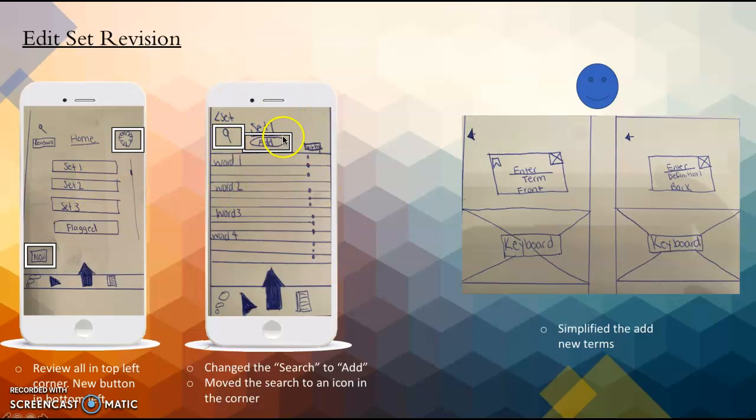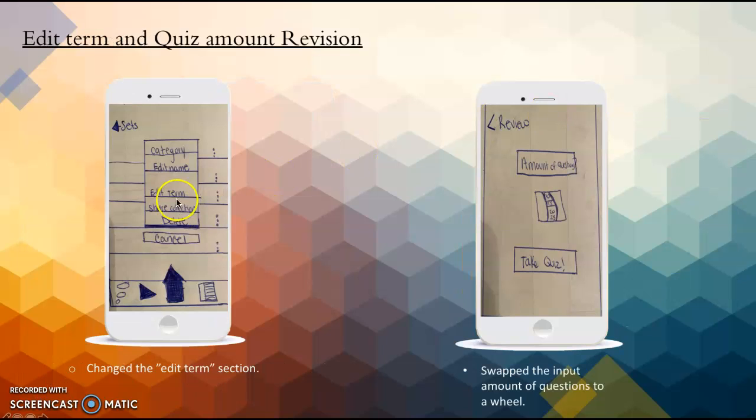You click on a set, you can add a new word to set 1, and here is where you will enter your term on the front and then on the back. It's very simple, easy to input your information and even flag if you'd like. Very simple. Our guy up here is happy about that.